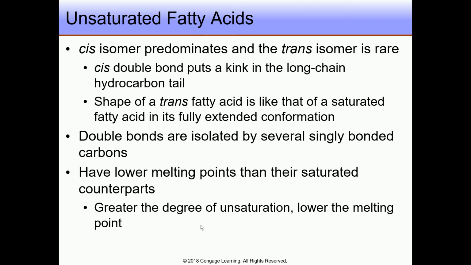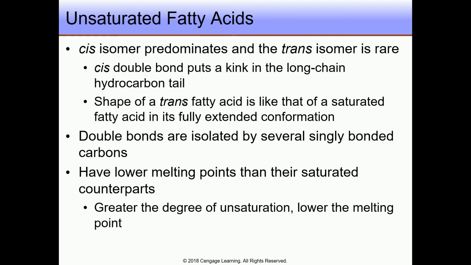So the cis double bond puts a kink in the long chain hydrocarbon tail. This is the nature of the cis isomer, that it puts a bend in the structure of the fatty acid. But if the fatty acid is in the form of a trans isomer, because the functional groups are present on the same side of the double bond, there is less bend in the structure.